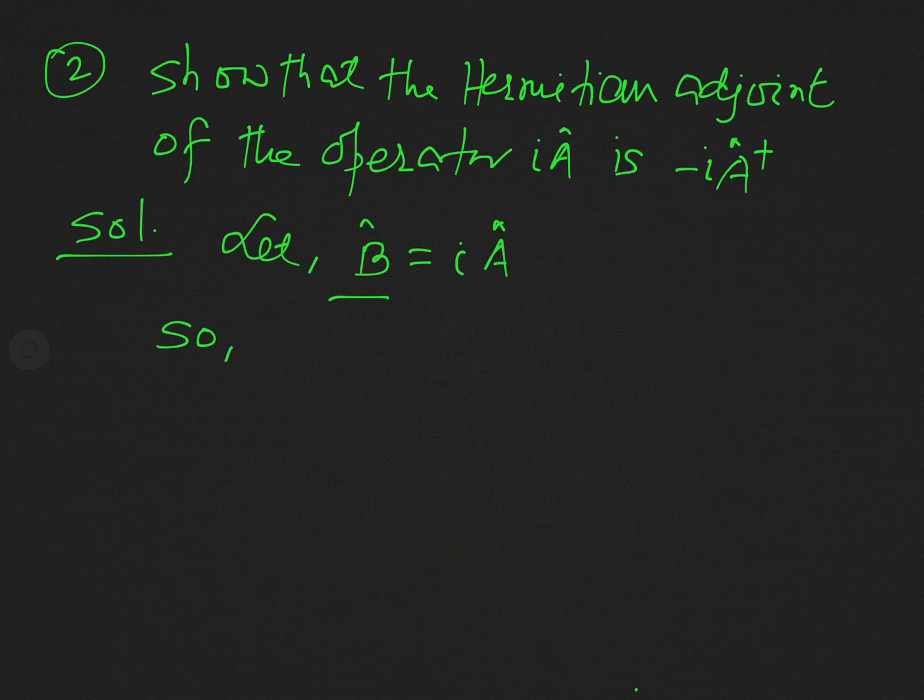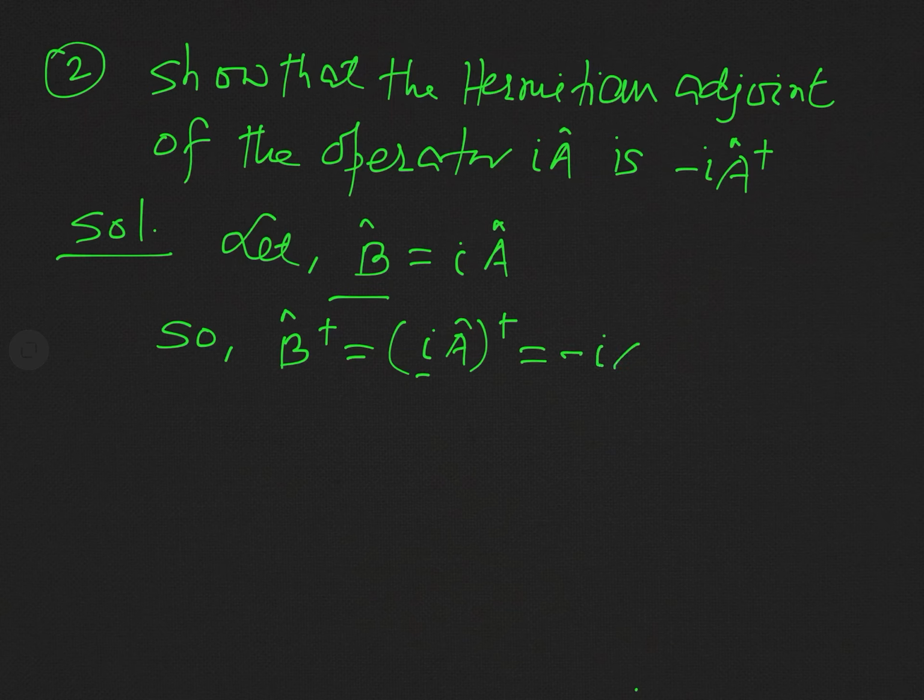So its Hermitian adjoint is written as B hat dagger, and what will this be? This will be i A hat dagger, and we know this i is a constant factor, so we should take its complex conjugate, and its complex conjugate will be what?